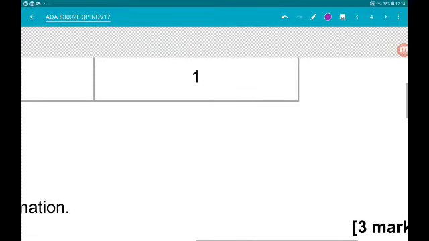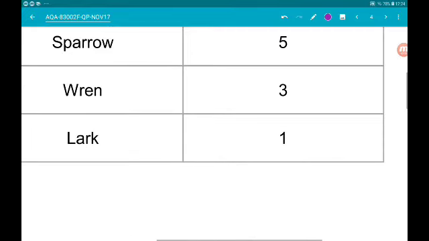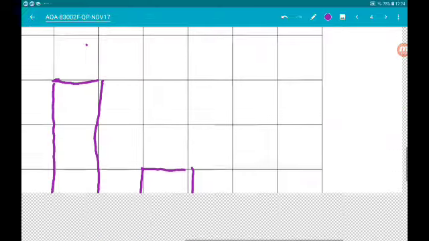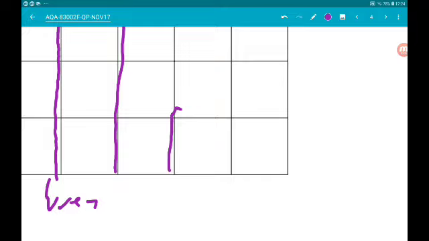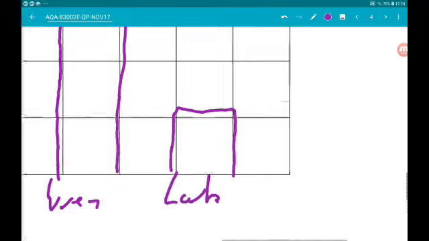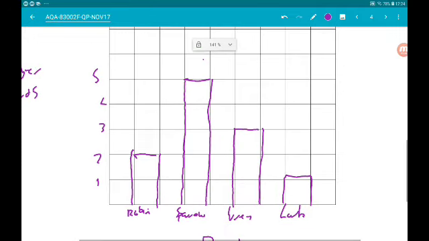And then there was 1, I think, lark. Yes, indeed. Cool. There is our bar chart.